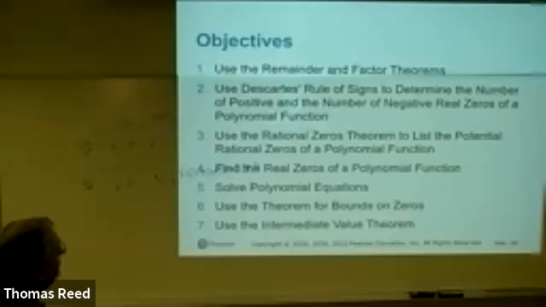First of all, we're going to talk about what the intermediate value theorem is and how to use it. It is a very important theorem in mathematics. We use it in calculus and beyond. Basically what it says is, if you have two numbers for x where you have a sign change, then you have to have a zero between those two numbers.